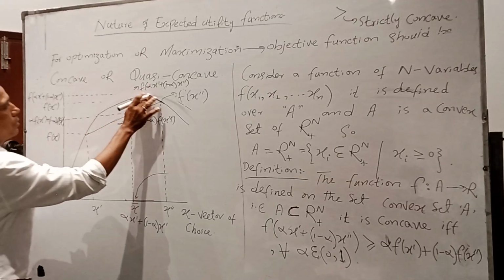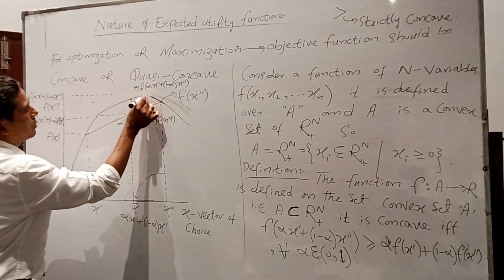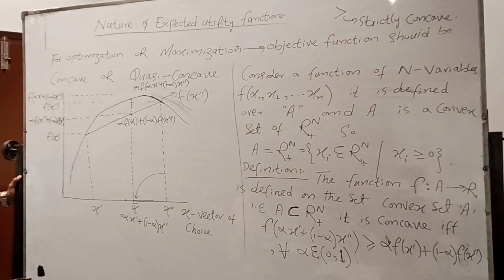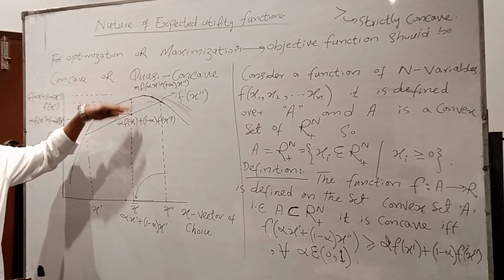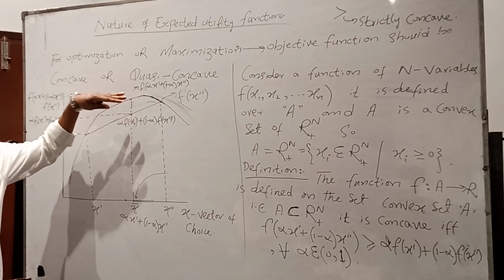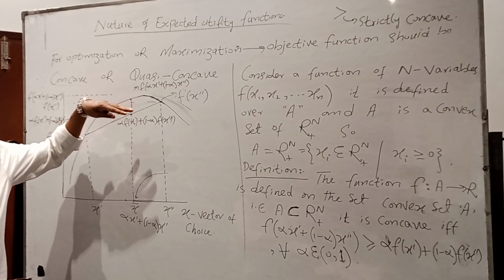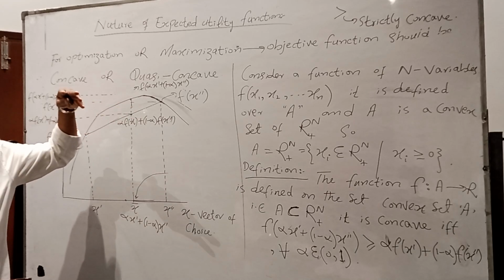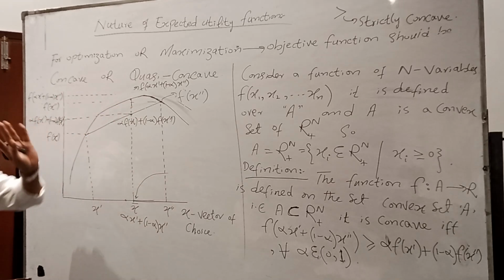You got my point. Here, it is not strictly concave because some of the linear combinations, when we move towards the upper side of this function, will be equal to each other. So there is the possibility of greater than and equal to both.